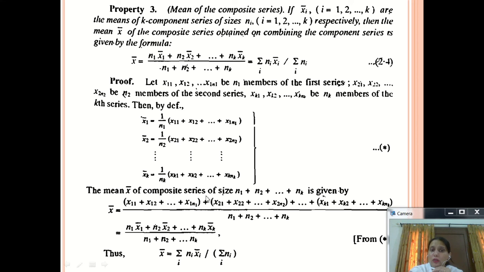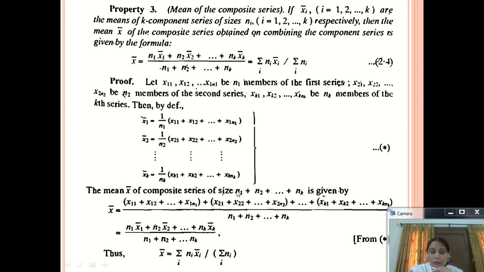Now the mean of the composite series. Sizes of the different series are n1, n2, ..., nk. The total mean, this x bar, is the mean of the component series. Suppose this is one value, second value, third value. Clear?